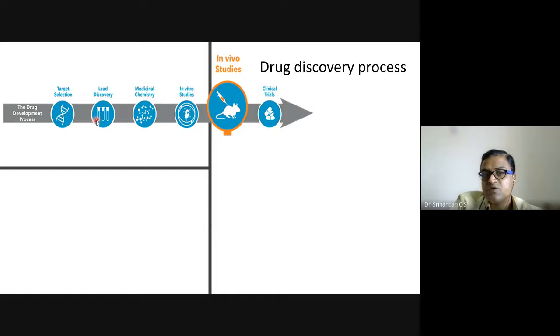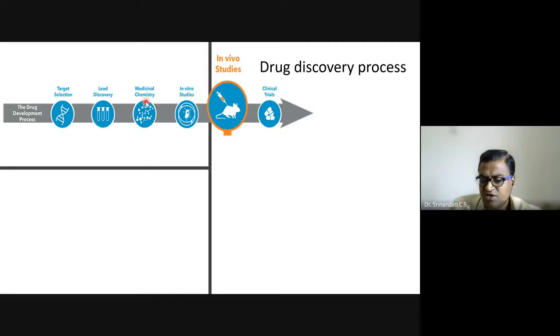Once you identify the causal nature of the disease by research, you will find a drug, maybe from chemical libraries or natural products, or you will design one synthetically in a chemistry lab, and a lot of computational work also takes place for this. This is called the field of medicinal chemistry.